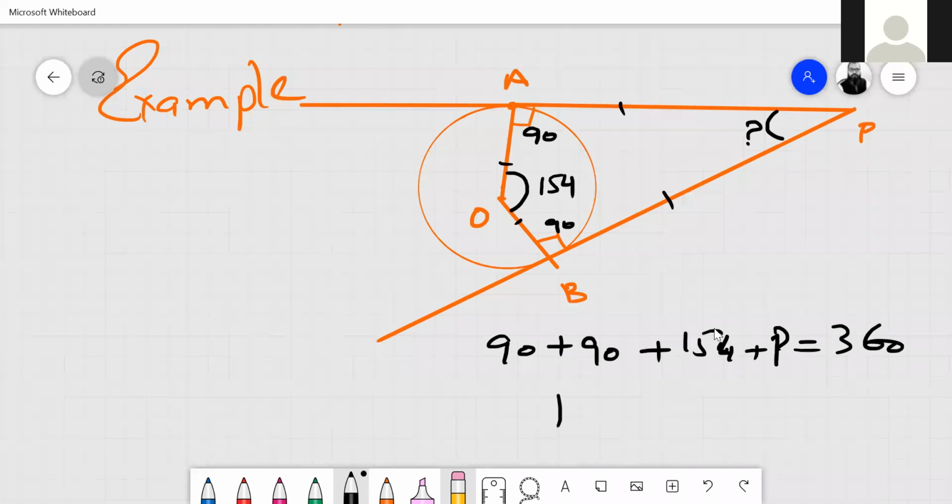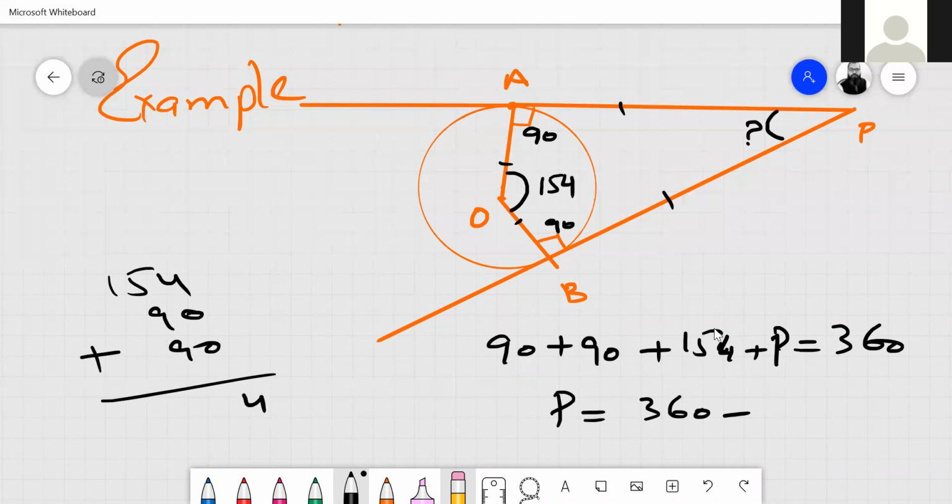These all go to the other side. So 360 minus 154, 90 and 90. 334. So 26 is the angle.